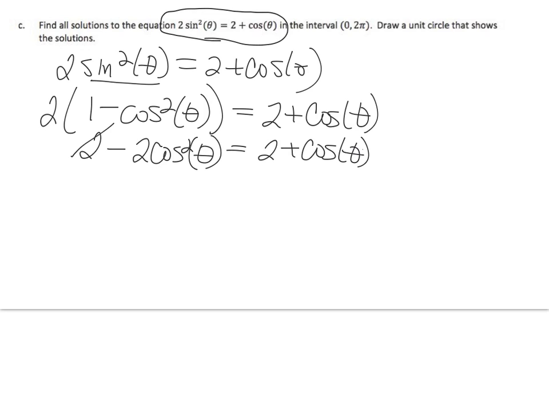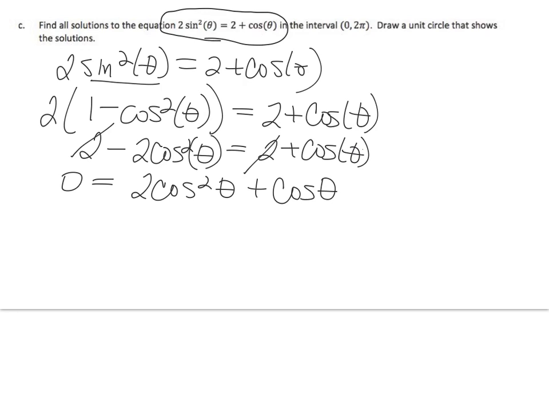Now I can cancel those out, and I'm left with 0 equals, moving the cosine squared to the other side, and I'm going to write it first because I like my squared things to be written first. It makes me feel comfortable. 2 cosine squared theta plus cosine theta.